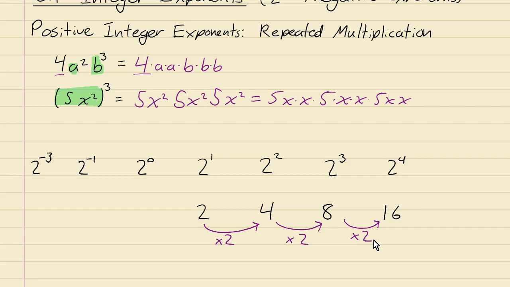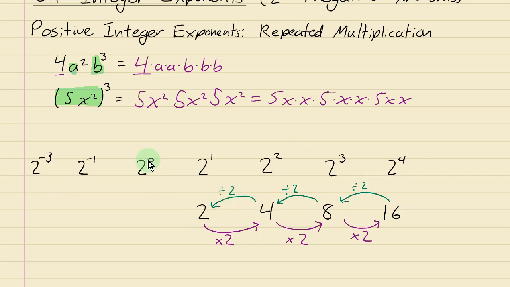And I also want to see what happens when you go backwards. What do you do to 16 to get 8? You divide it by 2. What do you do to 8 to get 4? It's just the opposite of multiplying by 2, so we divide by 2. And what do you do to 4 to get 2? You divide it by 2.